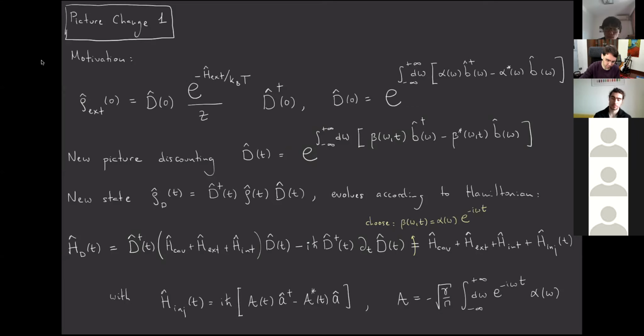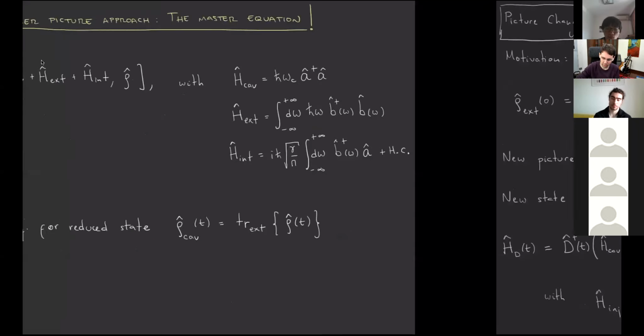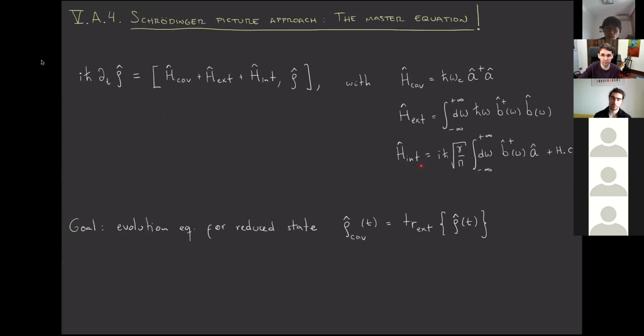So when you apply this displacement to the interaction Hamiltonian, you will displace the B and transform it into B plus alpha of omega, okay? This means that you will get a piece in the Hamiltonian that is the same Hamiltonian, but now instead of the B operators, you will have classical amplitudes, alpha of omega t, okay?